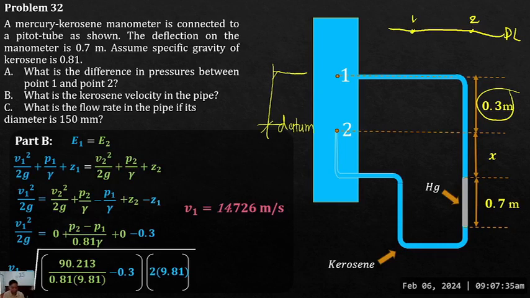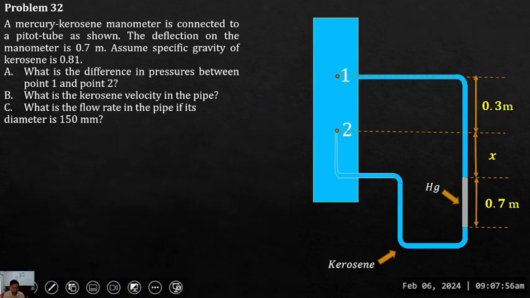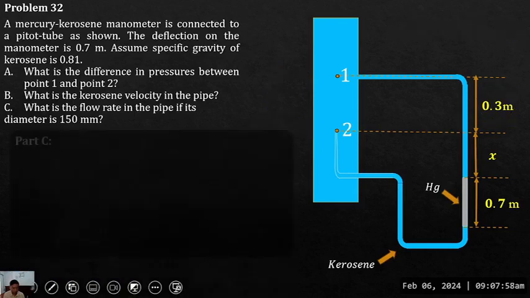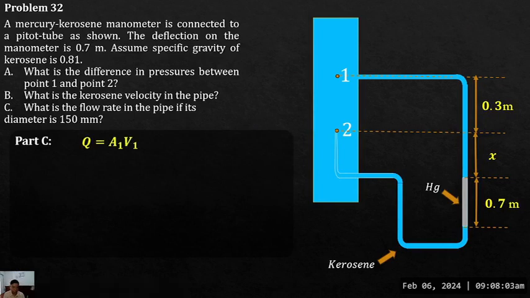Sige, na letter C, what is the flow rate in the pipe if its diameter is 150 millimeters? Flow rate. So may velocity na tayo sa point 1. And then may diameter tayo sa point 1. Tsaka uniform naman yung pipe natin. So, Q equals area times velocity lang po yan. So, that's Q is equal to area 1 times velocity 1.